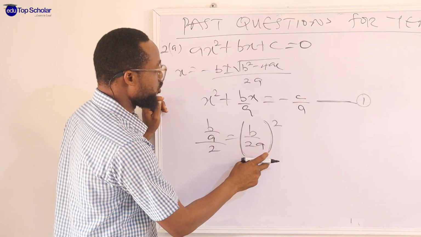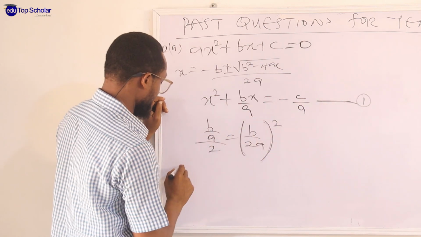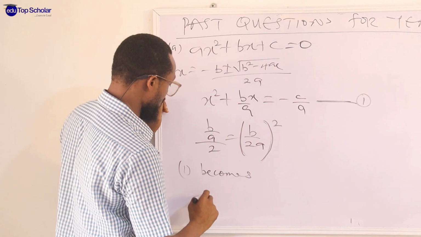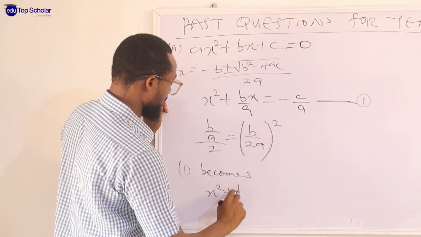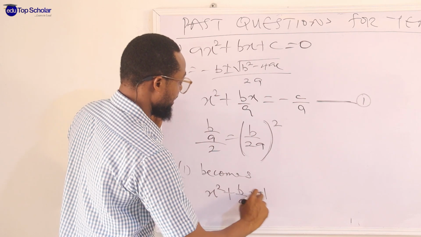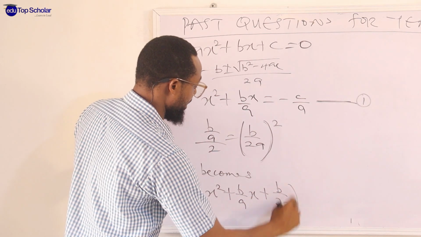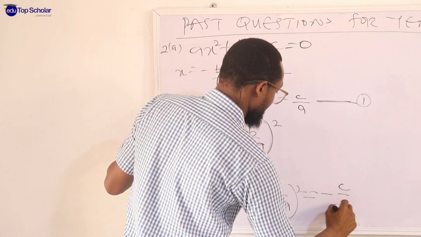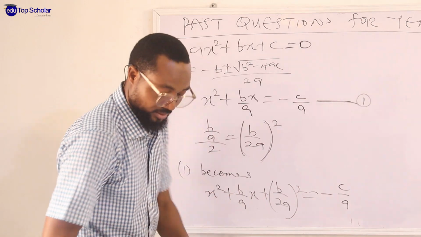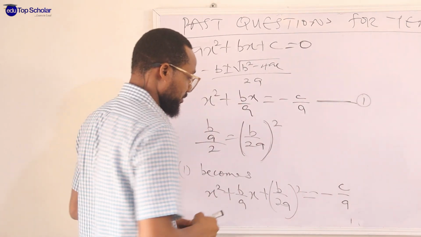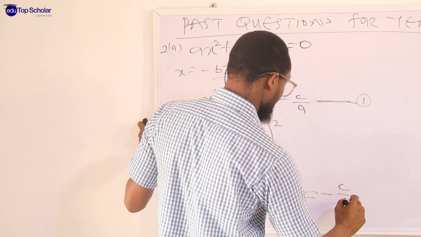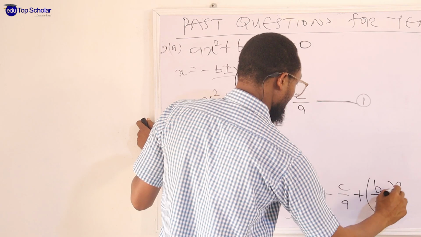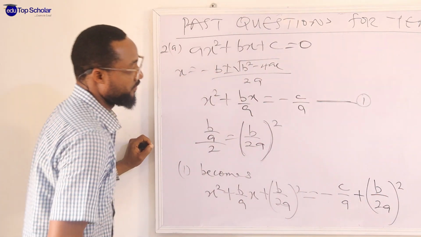Adding the result of this to both sides of equation 1 changes equation 1 to x squared plus b over a x plus b over 2a all squared equals minus c over a plus b over 2a all squared. I've added that to both sides of the equation.